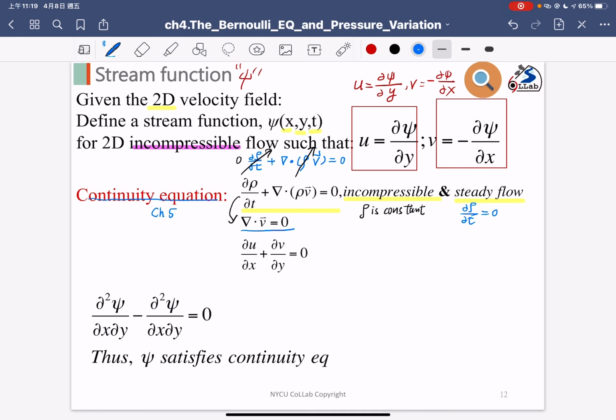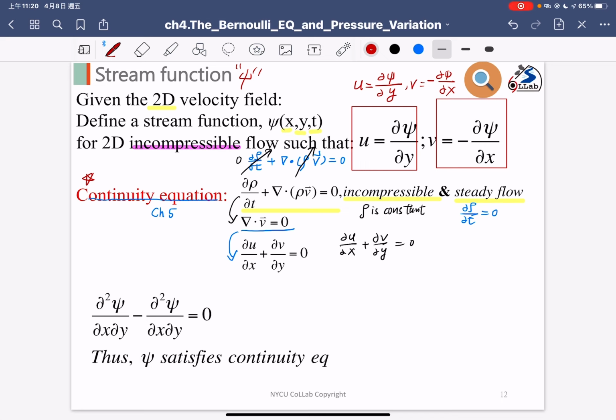And then you can expand the inner product. So you know that du/dx plus dv/dy equals 0, right? Because the inner product with the velocity field equals 0. So it's based on the continuity equation: du/dx plus dv/dy is equal to 0.